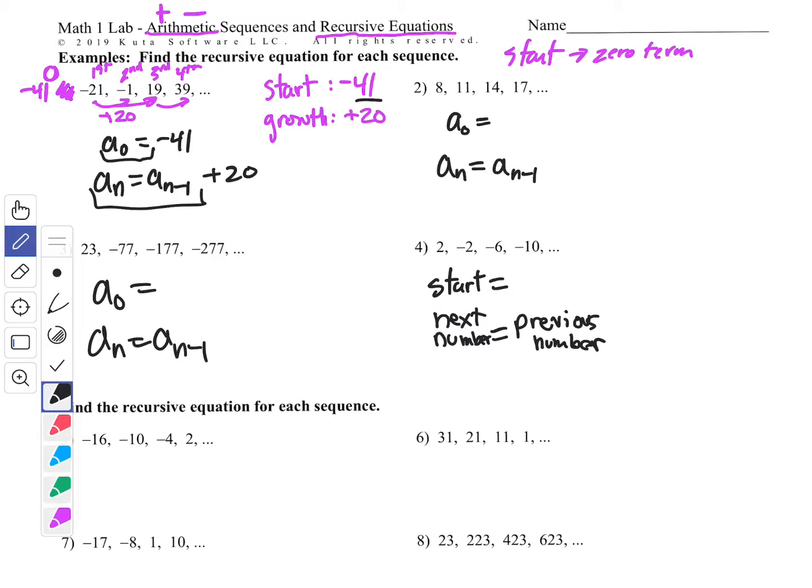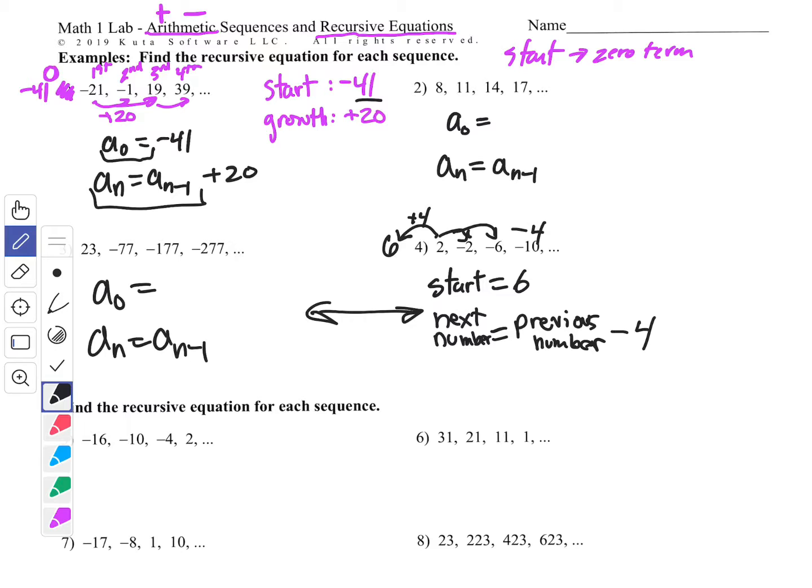So if you needed to, you could use it like that and say, okay, this is growing by subtracting 4, so to get my next number, I take the previous number and I subtract 4 from it. Now where did I start? Well, I go the opposite way. I'd start at 6, because 6 minus 4 is 2. So we started at 6, okay?